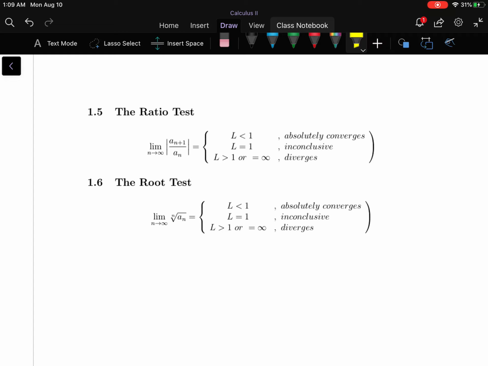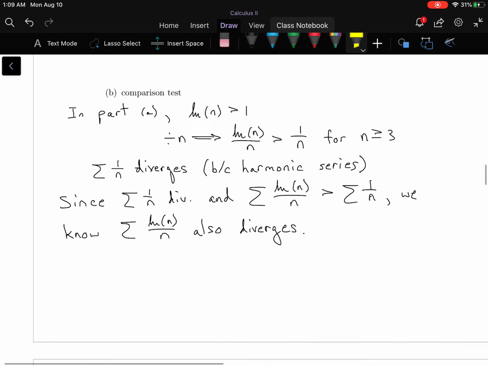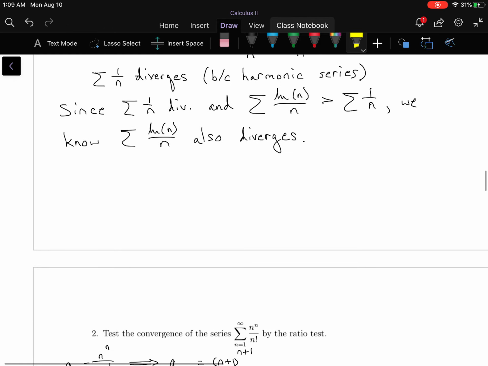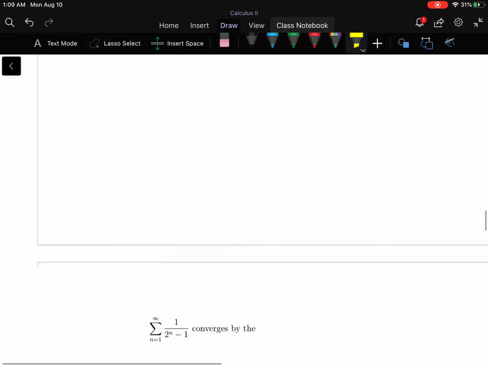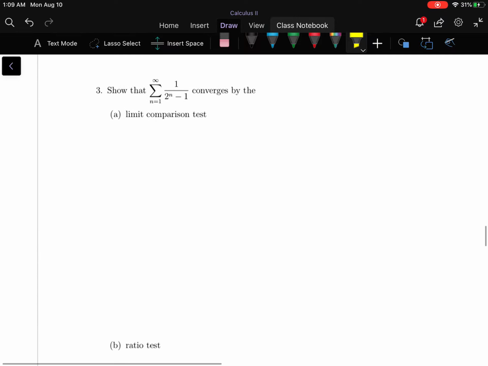And if it's greater than 1 or infinity, then we know it diverges. And in our case, our limit was e, which is a value larger than 1. And so that's why we know that the series diverges. Okay. So that's what we learned from problem 2. And the remaining problems I will continue in the next video.